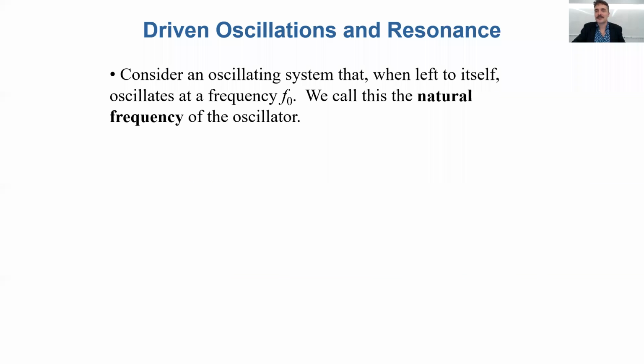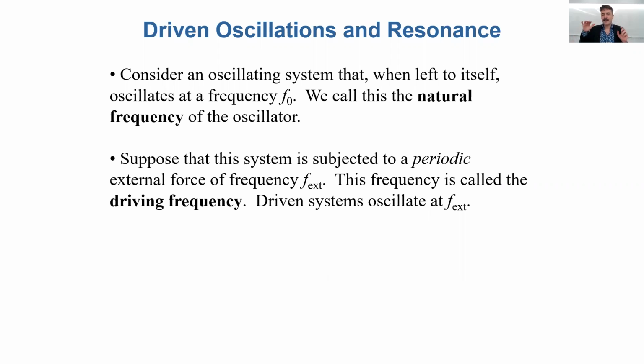So actually we have a demo here, which is going to put a ticking sound, but here's the idea with driven oscillations and resonance. Consider an oscillating system that when left to itself oscillates at some frequency, which we'll call F0. We call this the natural frequency of the oscillator. Then we suppose that the system is subjected to a periodic external force.